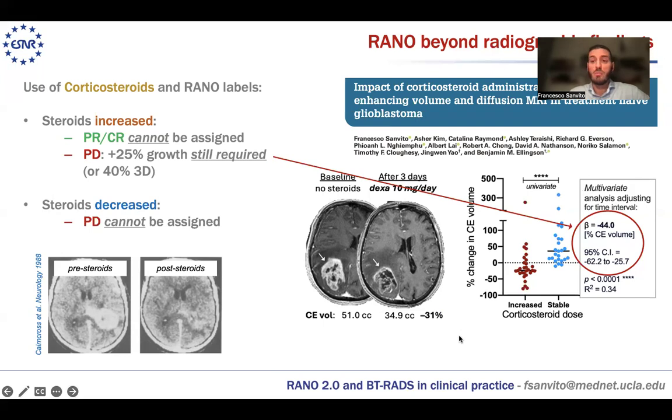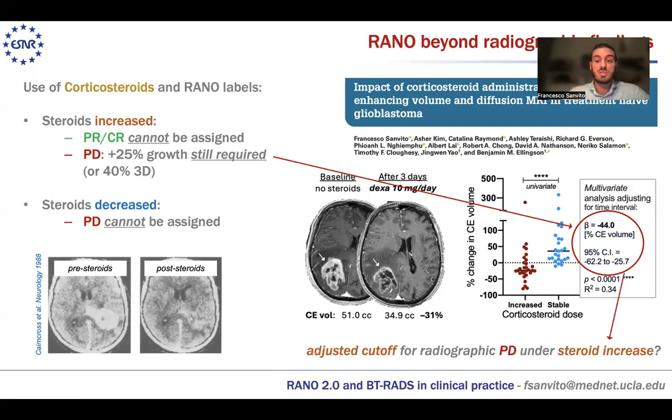We do need more and more data to have actual benchmarks to know what percentage shrinkage is attributable to corticosteroids, but the final aim would be to have benchmark data so that we can adjust this cutoff. And if we know that a certain shrinkage can be due to steroids, then maybe we require a lesser increase to call a progression under steroid increases, meaning we get an adjusted cutoff for radiographic progression under steroid increase, possibly in the future.